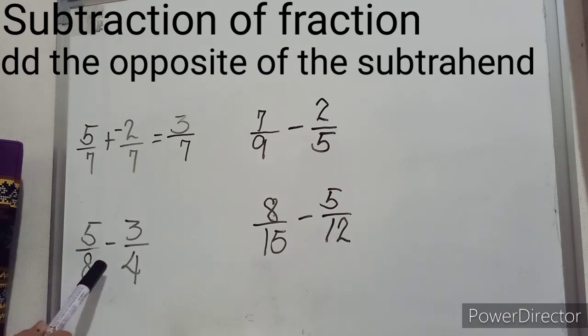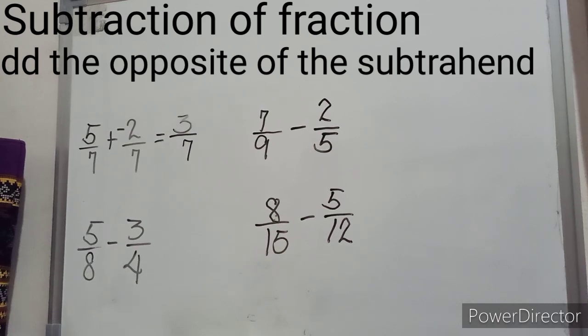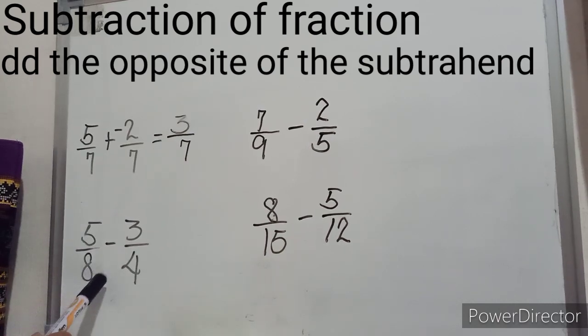While in our next example, 5 all over 8 minus 3/4, we have now the denominators 8 and 4 no longer similar. So we need to get the least common denominator. However, to find the least common denominator, there are things we need to consider, like for example here, 8 and 4. 8 is a number divisible by the other denominator.